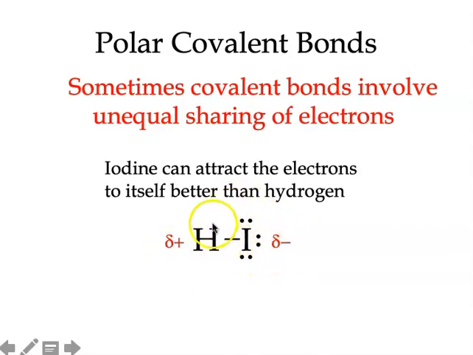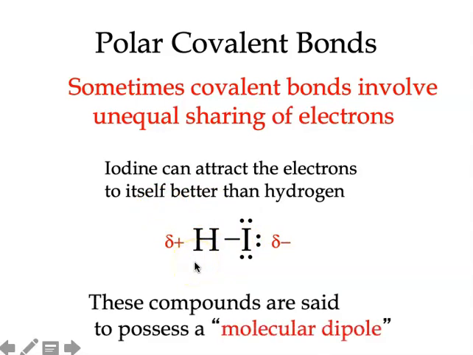What that's telling you is that because electrons are negatively charged, and these two electrons are pulled more towards iodine, you end up with a slightly more negative side for hydroiodic acid over here on the iodine than you do over here. Where you have more electron density, you end up with a negative charge. Where you have less, there's a positive charge. This is called a molecular dipole.